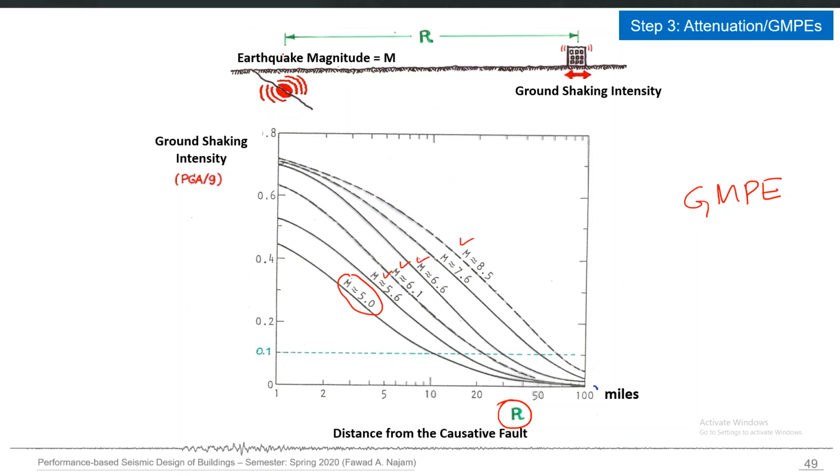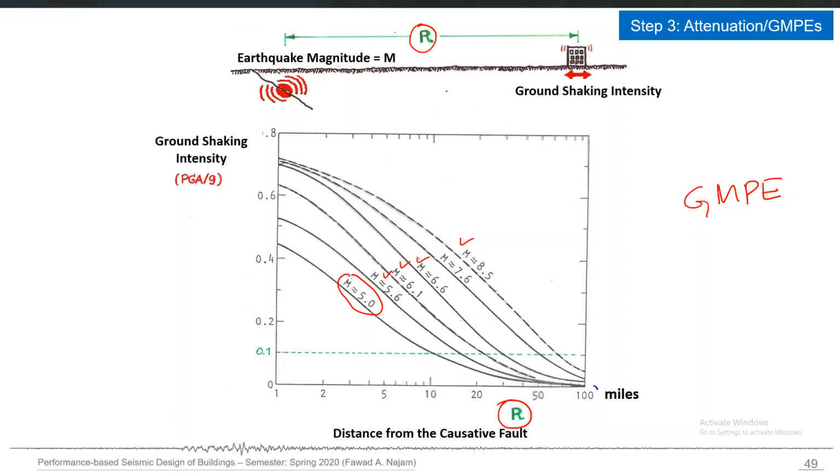R is defined here in this example as the epicentral distance. Since you already know the distance from the causative fault, and you also know the magnitude, for example, you can use this relationship to actually calculate the peak ground acceleration expected at your site.